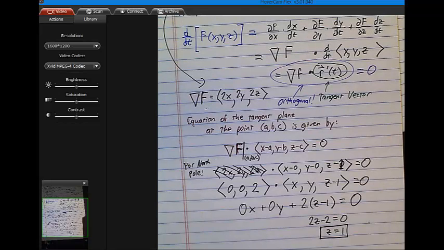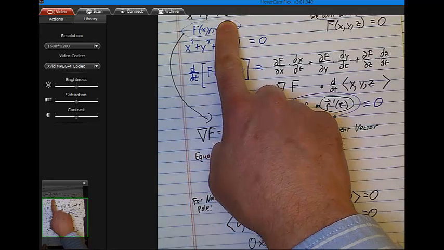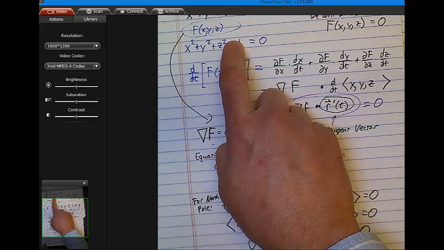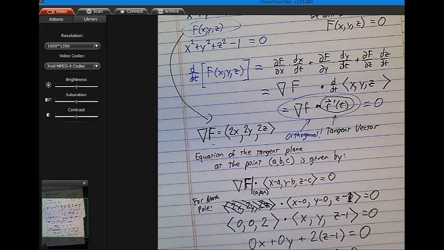Well, I said this is easier, but it did take me a few steps, right? But the big reason it can be easier is because sometimes it's really hard to solve for z. I mean, even in this problem, when I solved for z, you know how I needed to do plus or minus to get it right? But if it said z cubed, now you're taking cube roots. Or if it said cosine of z, now you're taking inverse. I mean, you can make it really bad really fast.